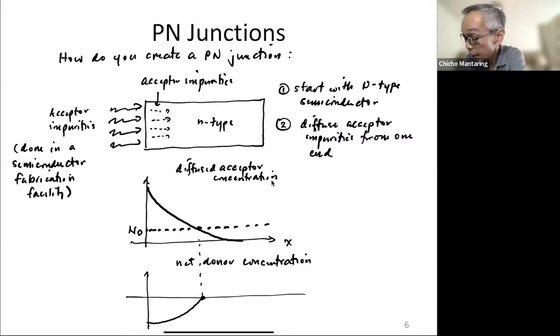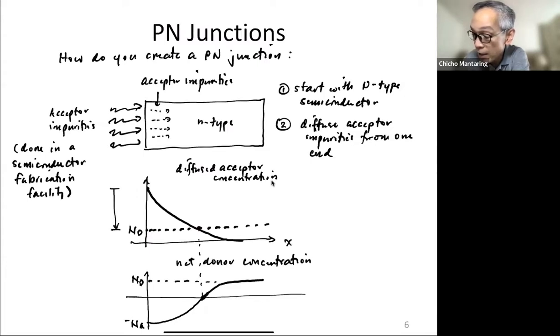Okay. And as you go from this point onward, nawawala na yung acceptor impurities, and eventually babalik sa ND yung concentration natin. No? So this is ND. This is now going to be negative NA, where NA is this.